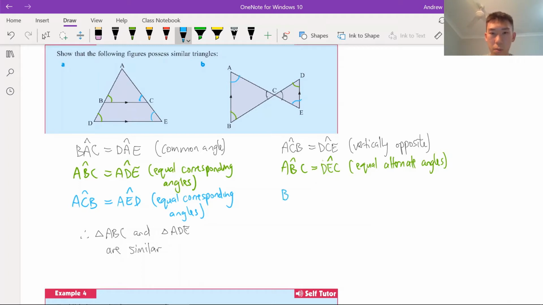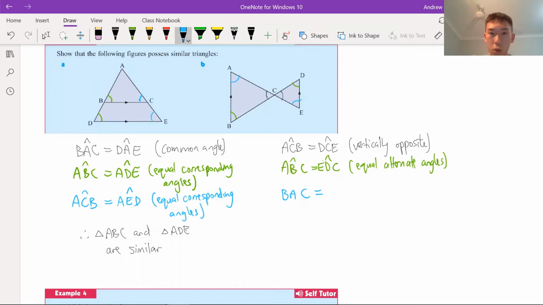So angle BAC is equal to angle, oh, I just realized that I got the angle name wrong. So ABC is going to be equal to EDC. My bad.